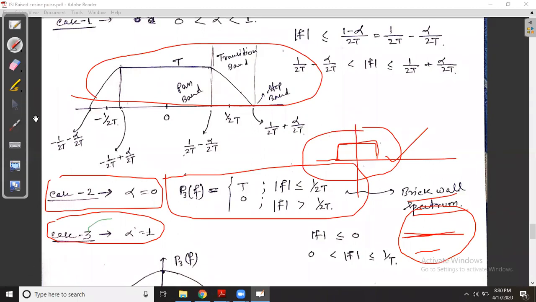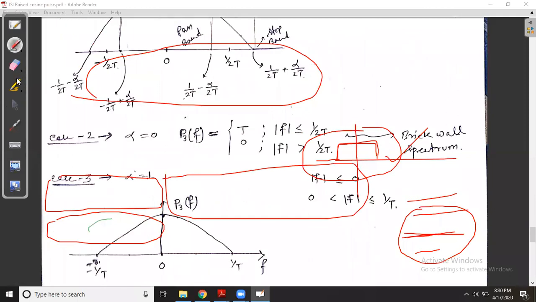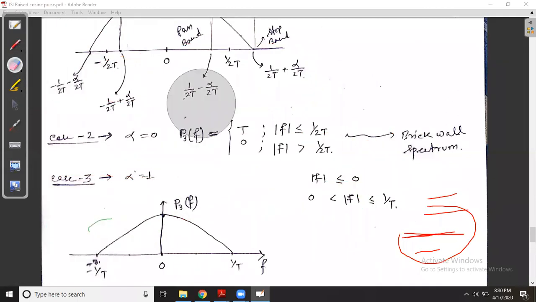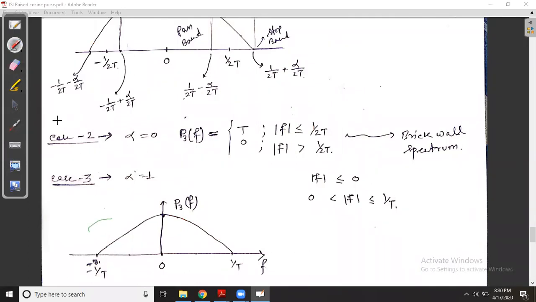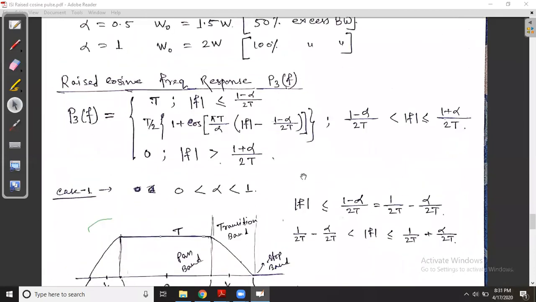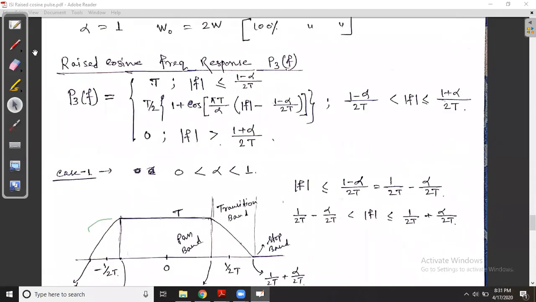The next thing is case 3, the last case I am taking, where the value of alpha is 1. This is also quite good. Again, I am going to put the value of alpha in this equation. Whenever alpha is 1, then 1 minus 1 by 2t, so the frequency is 0.